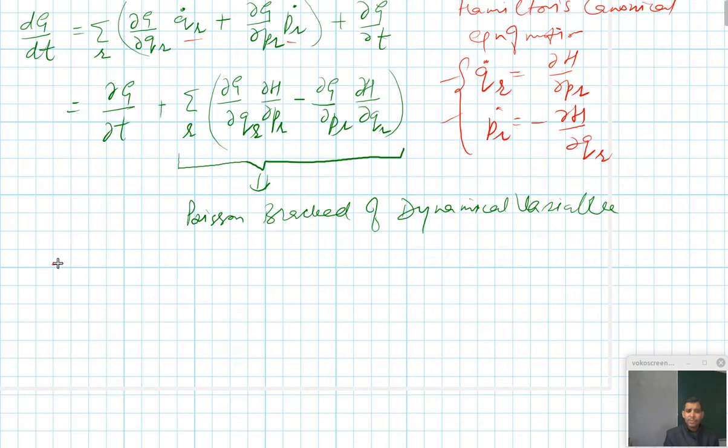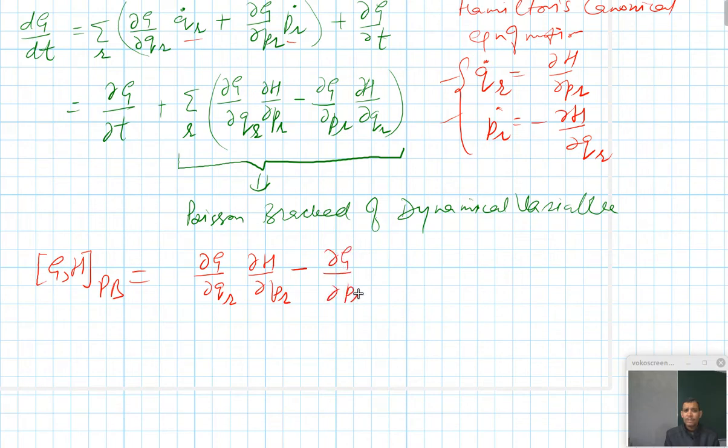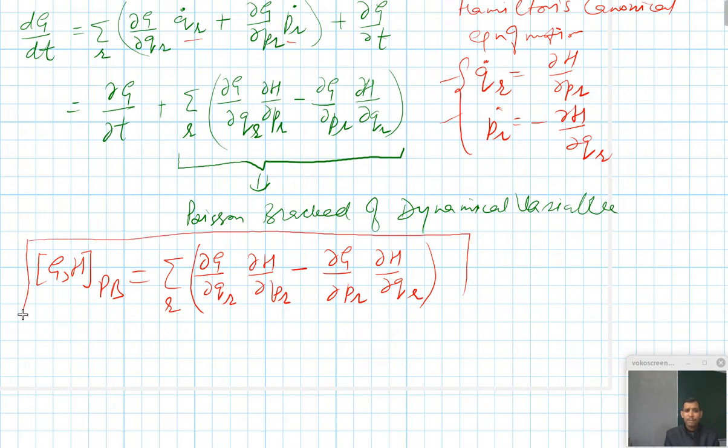This is a way to define the Poisson bracket of G with H. It is equal to summation over r of ∂G/∂Qr ∂H/∂Pr minus ∂G/∂Pr ∂H/∂Qr. So this is the Poisson bracket. We have to keep this in mind.